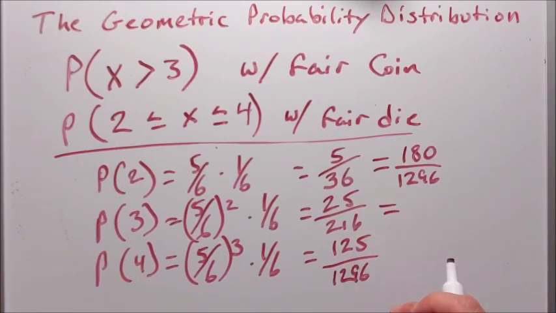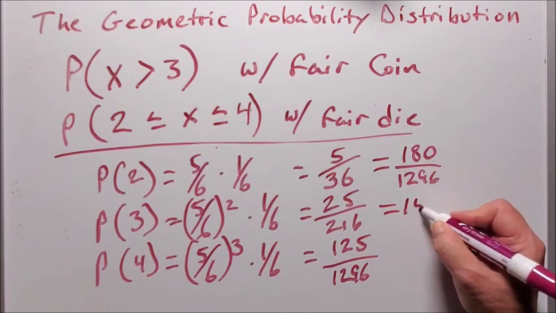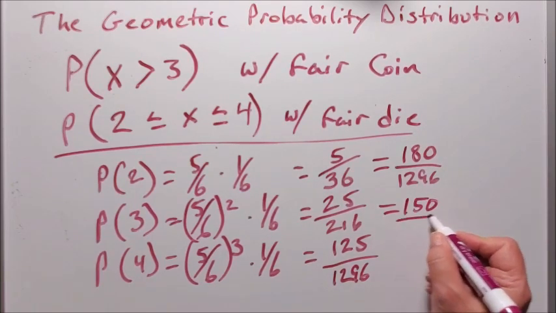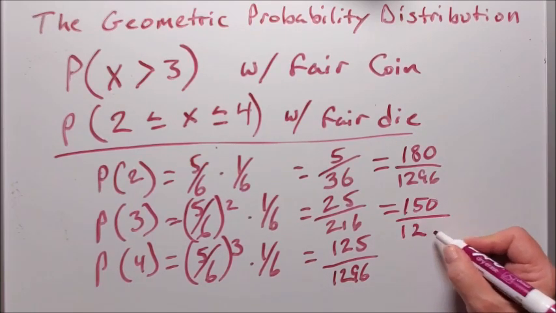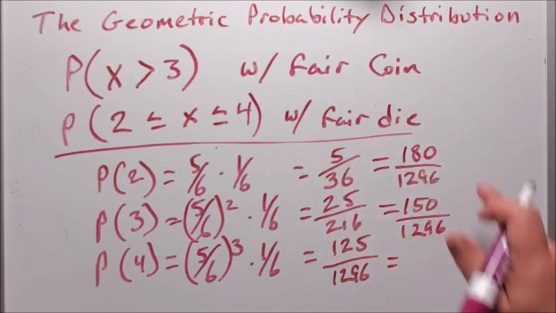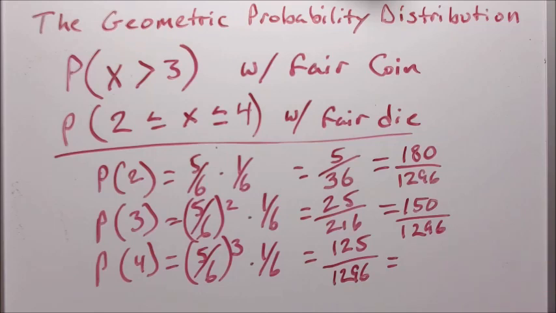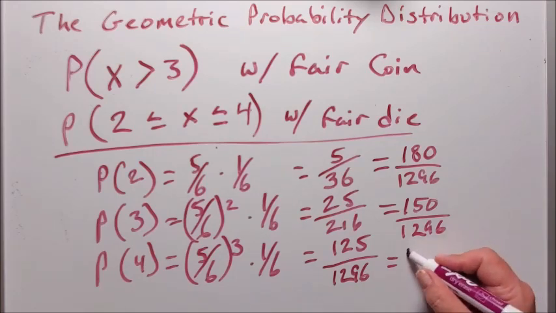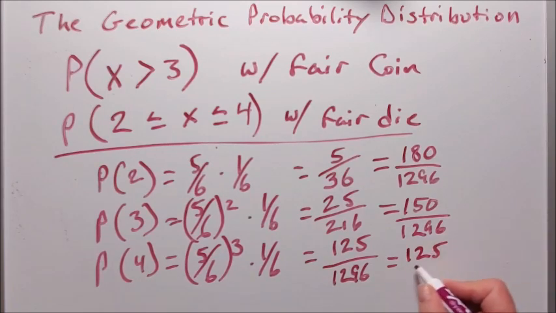25 over 216 is going to be, you know what I'm going to do? This is a classroom technique that I use a lot, and I'm going to actually use it now. If I'm making an error here, because this I'm doing on the fly, you go ahead and you message me. Send it in a comment or in a message.